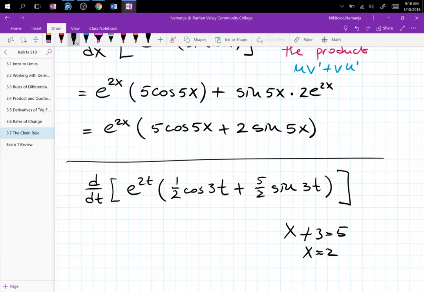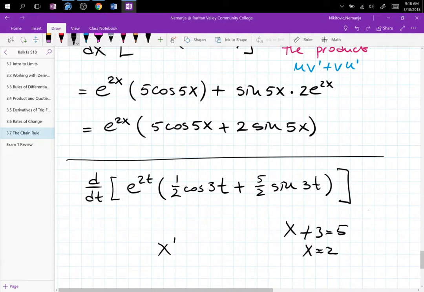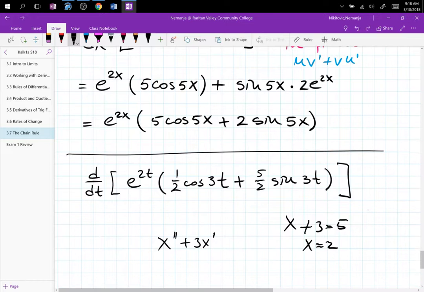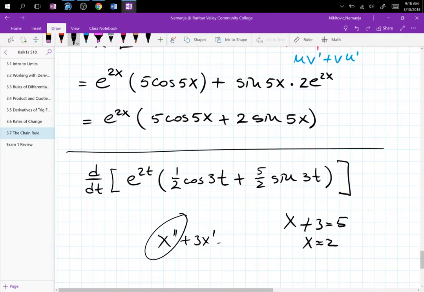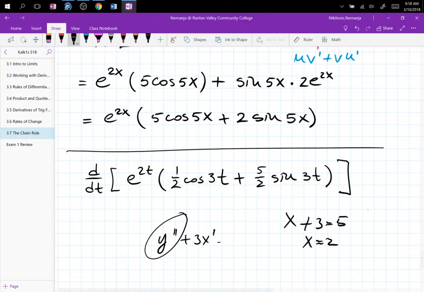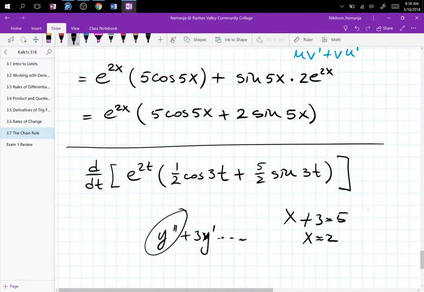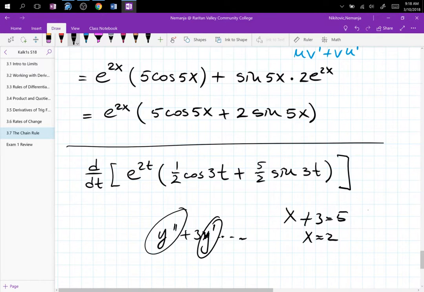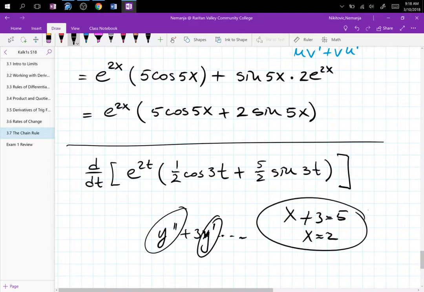If your differential equation was x double prime plus 3x prime, you have to plug in the second derivative of the function here, and over here you have to plug in the first derivative of the function. So it's not just plugging in a number like in these equations.